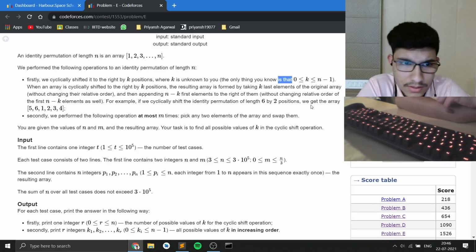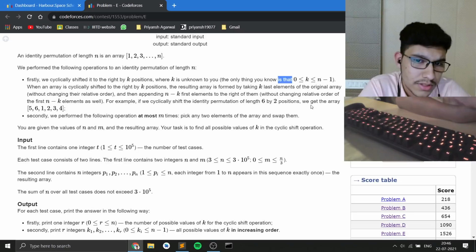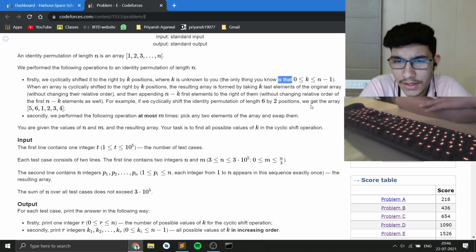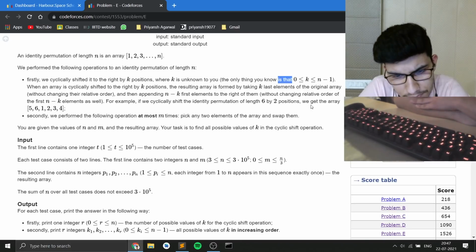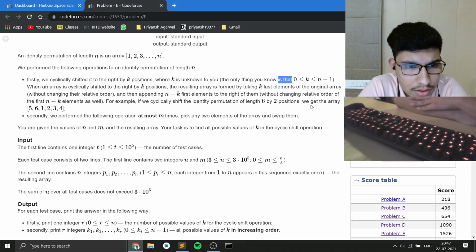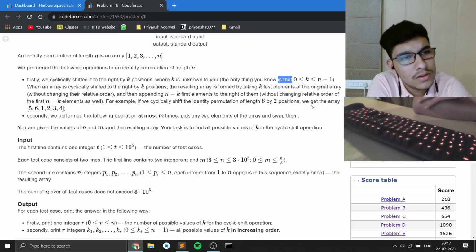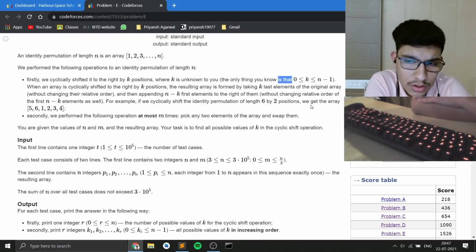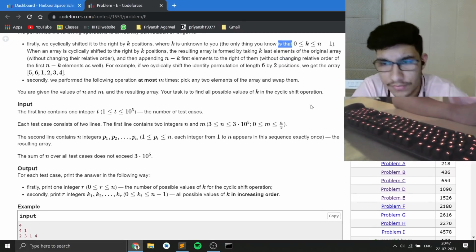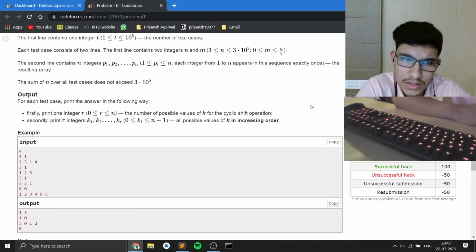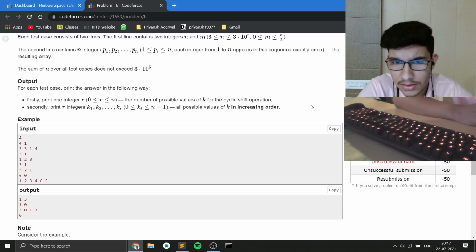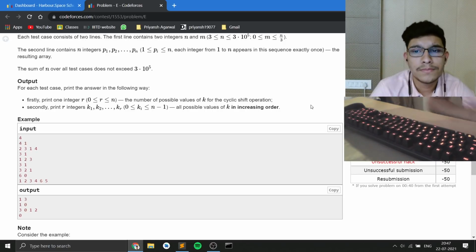And secondly, we performed the following operation at most m times. Pick any 2 elements of the array and swap them. You're given the values of n and m and the resulting array. Your task is to find out all possible values of k in the cyclic shift operation. Right, first print one integer r, the number of possible values of k.